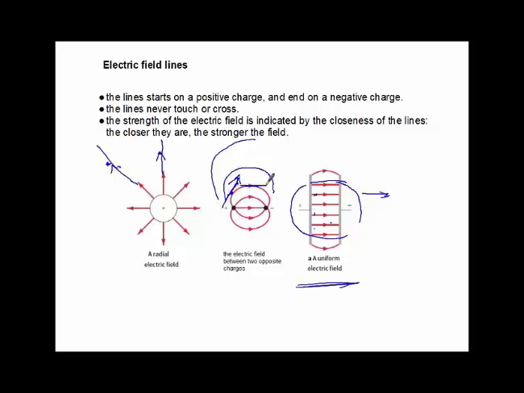Here, this is the direction of the field. Here, this is the direction of the field. So for any curved line, the direction of the field is the tangent at that point. And of course, we also have different values for electric field here.